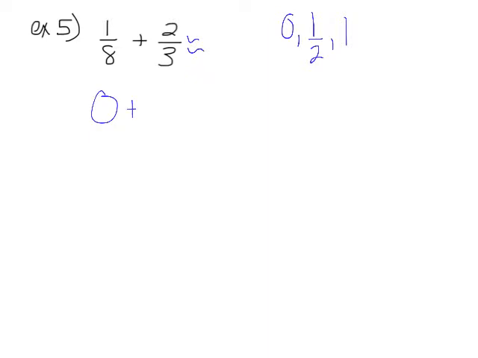And then 2/3 is closer to 1/2 than it is to 1, so I'm going to make that 1/2. And so my sum is about 1/2 because 0 plus 1/2 is 1/2. So 1/8 plus 2/3 is about 1/2.